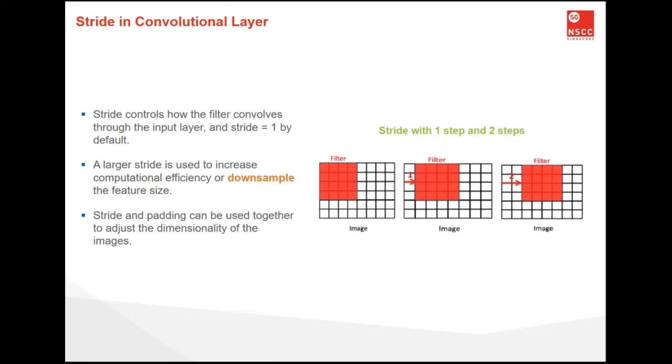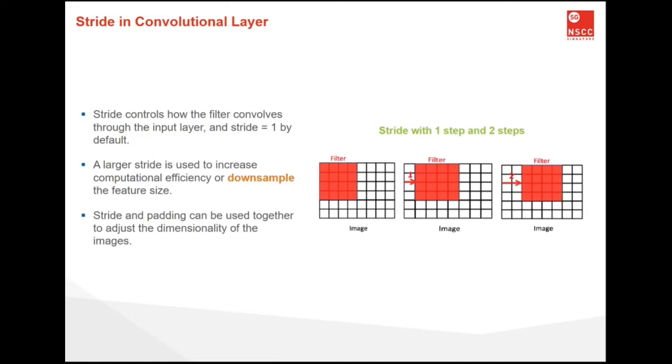Stride controls how the filter convolves around the input layer. So far, we have used a stride of 1, both for height and width. Sometimes, we may want to use a larger stride. In this example, we show the convolution operation with stride of 1 and 2 respectively.